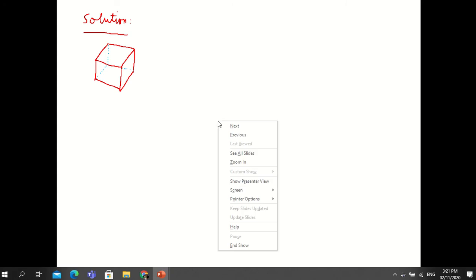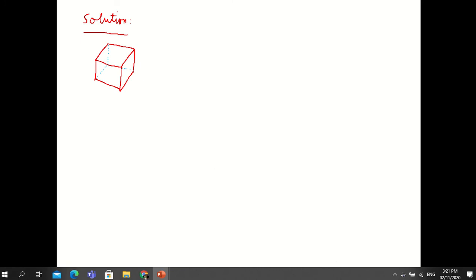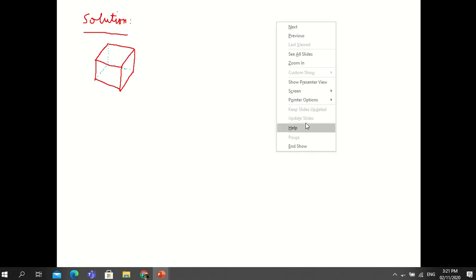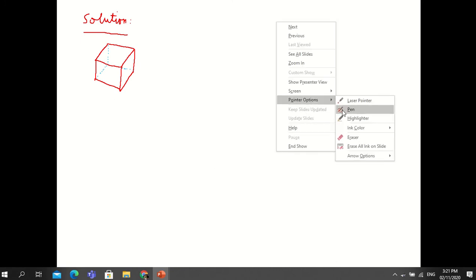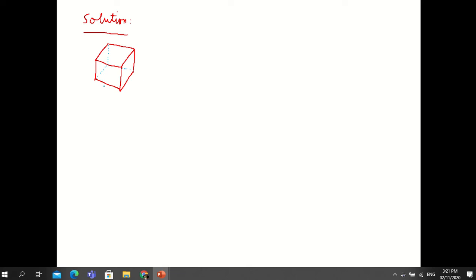the problem says a closed box has a square base. Okay, so what does it mean, square base? If it has a square base, class, it means that we can let this side here be equal to x, or you can represent it by any variable you want.